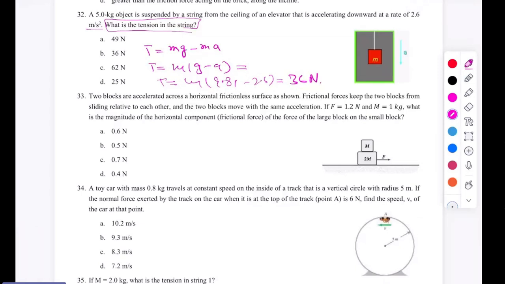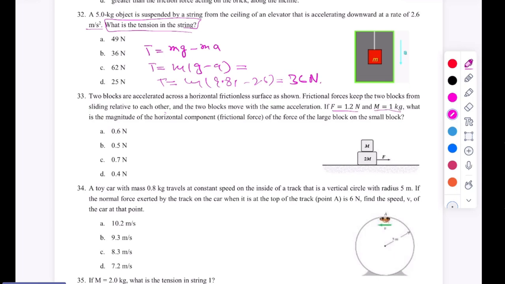We'll finish. Okay. So now the two blocks are accelerated across the horizontal frictionless surface as shown. Frictional forces keep the two blocks from sliding relative to each other, and the two blocks move with the same acceleration. So F is given and the mass is 1 kilogram.